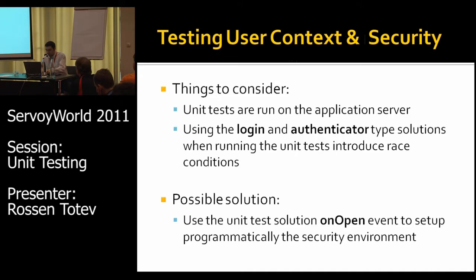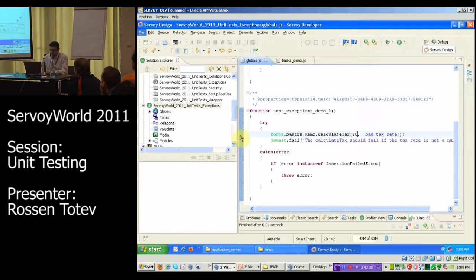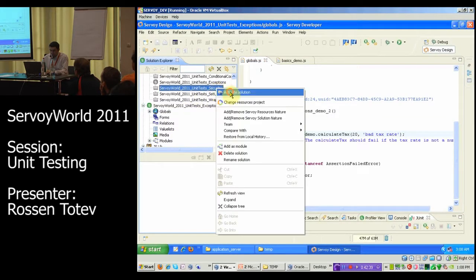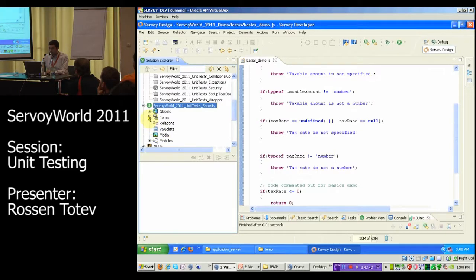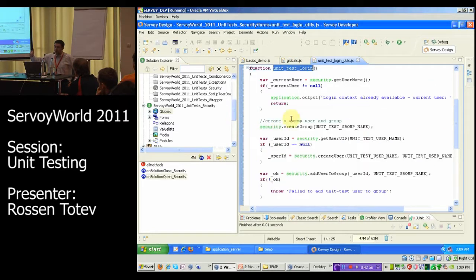Let's try this quickly on the security. The idea here is that on solution open, and here I have just some utility functions to help me deal with the unit test, I'm creating on the fly a user and a group dedicated for this specific unit test run.